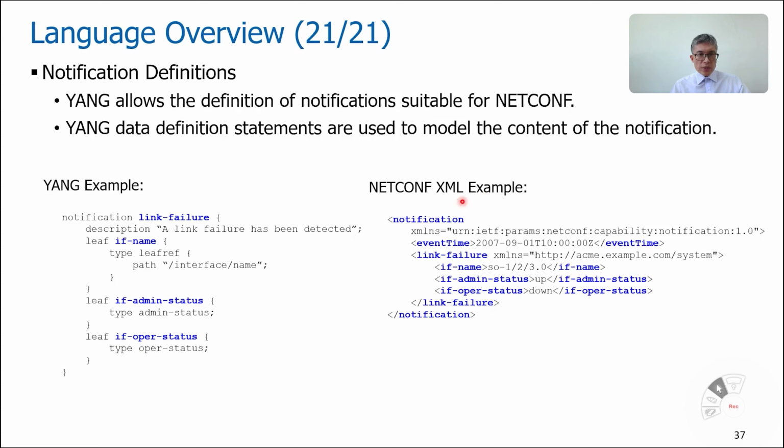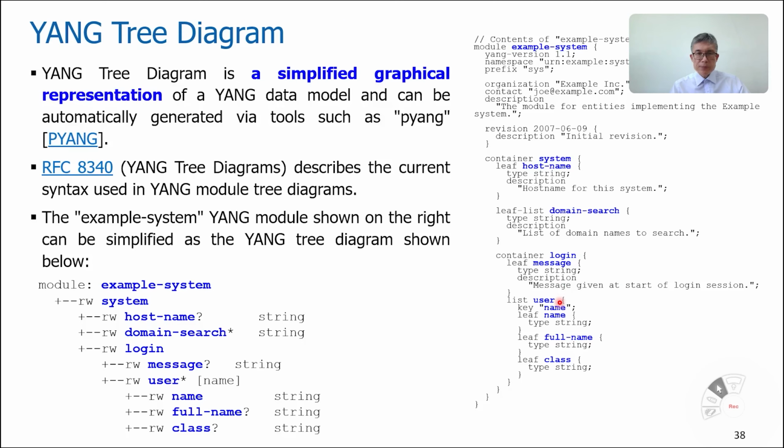Okay. So in the NETCONF case, when this kind of event happens, the event time is here, and then the link failure notification is delivered, including this interface name, interface admin status, and interface operational status like this. Okay, so this kind of information can be delivered.